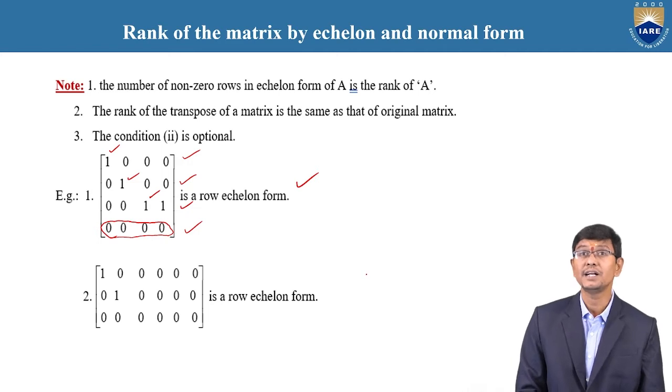And the third condition we need to understand properly. When we observe the first row, second row and third row, there are zeros before the non-zero number.